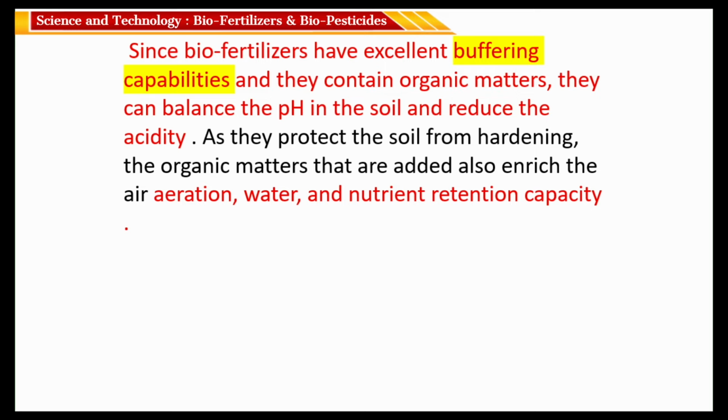Because of the fiber content and organic matter present in the fertilizers, soil pores are made available, supplying essential oxygen for plant root growth effectively. So, these are the main advantages of biofertilizers, and that is the reason why this is considered a sustainable source for crop cultivation.